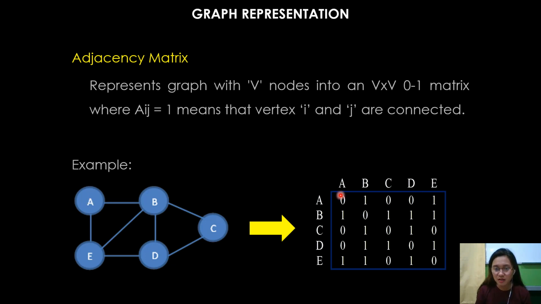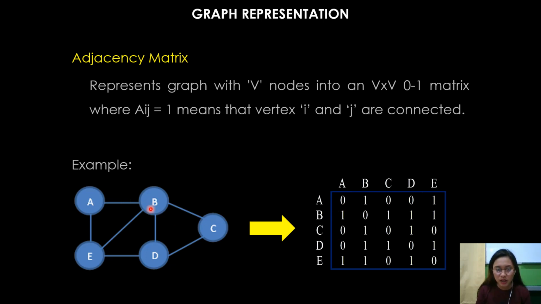A to B, as I said, A and B have a connection. Then A to C has no connection, as we see on this graph. And A to D also has no connection here. That's why it's 0. And A to E in the graph has a connection. That's why the value here is 1. B to A has a connection, that's why it's 1.